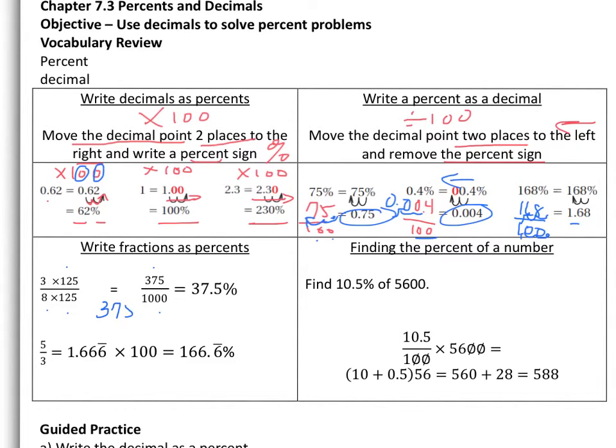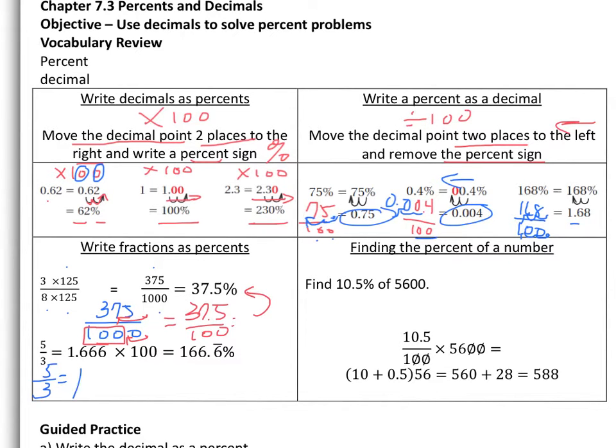So I'm going to write it out again to show you. 1 decimal place to the left, so that I only have 2 zeros in the denominator. Then I can express this fraction as a percent, 37.5 over 100, or just simply 37.5%.